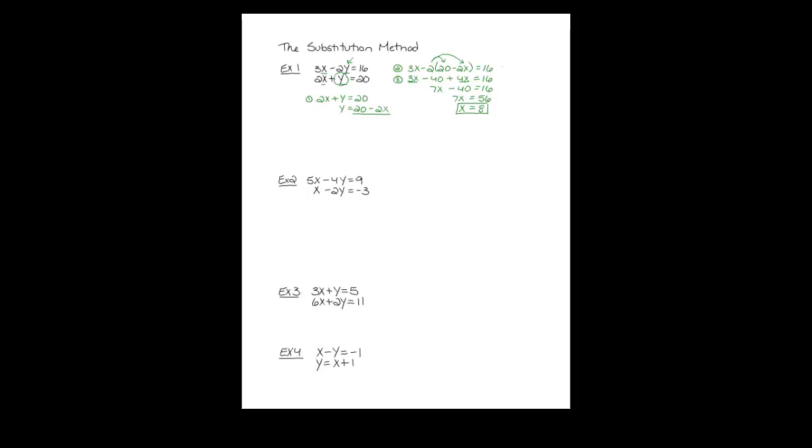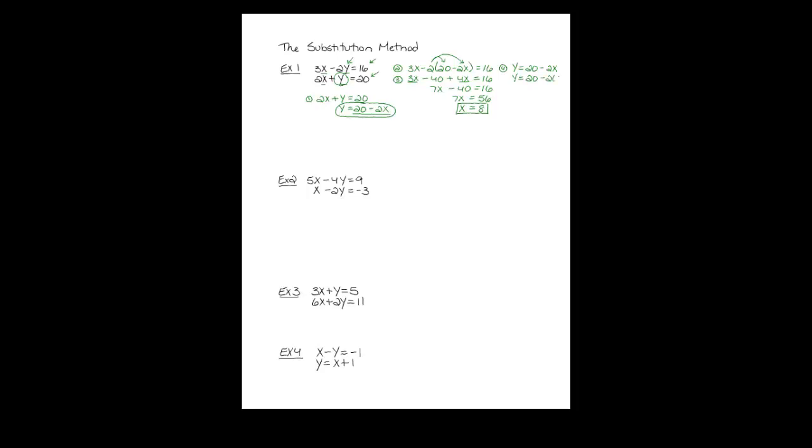So step 4, substitute this result into one of the previous equations, which means we could substitute it into the given equations or the equation obtained in step 1. I'm going to use the equation from step 1. So y equals 20 minus 2x, replace x with 8 and find y.